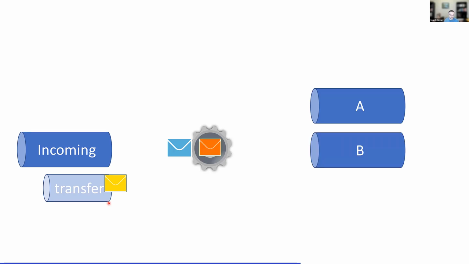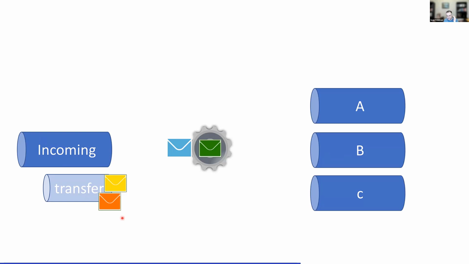So if my processor also needs to publish or send a message to another queue B, it will not be sent to B as part of the transaction. It will be stored on the incoming queue's sub-queue, the transfer queue. I know it's a bit confusing. And I can have a third destination, same story. My code is sending a message to C, but in reality, it will be stored on the transfer queue of the incoming queue.